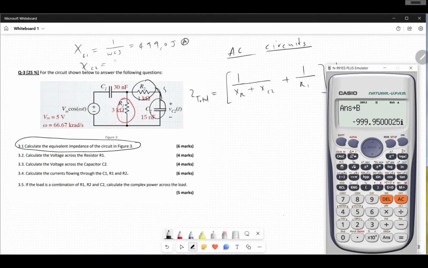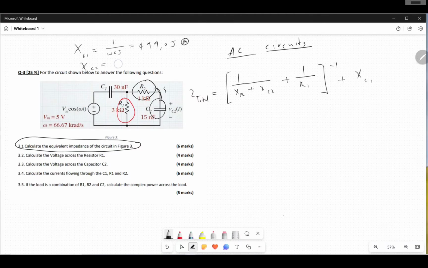Then we go back here, it's the same formula, and this was also negative, negative 999.9 J. It was stored at B. I think you can see that at B. Now we can plug all these numbers in here. 1 all over the impedance for R, this would be R2.